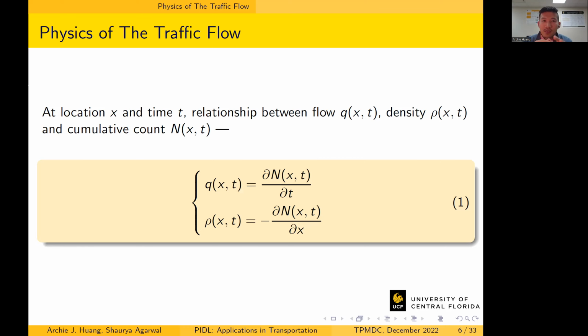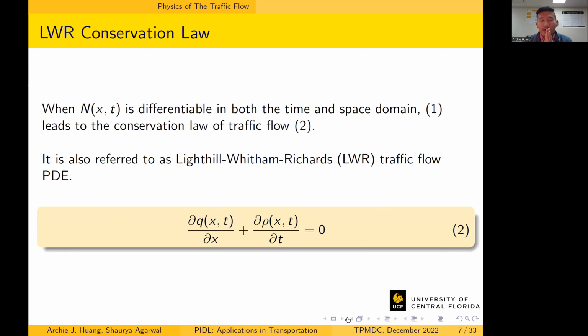In the next slide, by some minor adjustments of this equation, we can make it a conservation law. Here we can introduce the LWR conservation law in traffic flow theory. It's very simple.